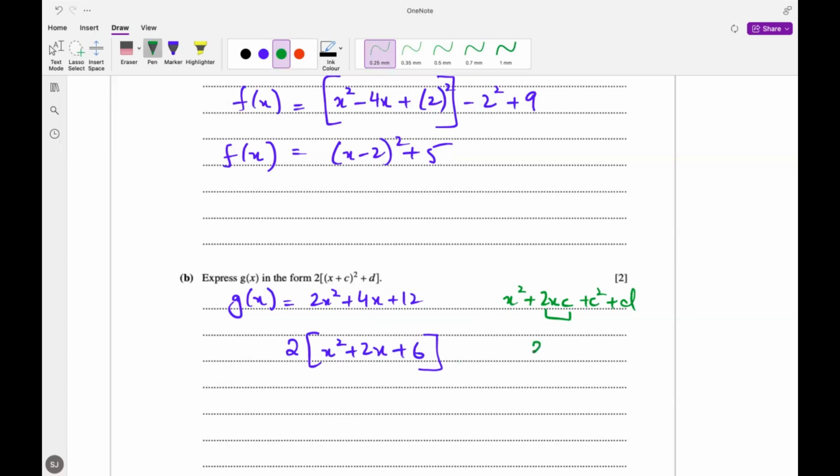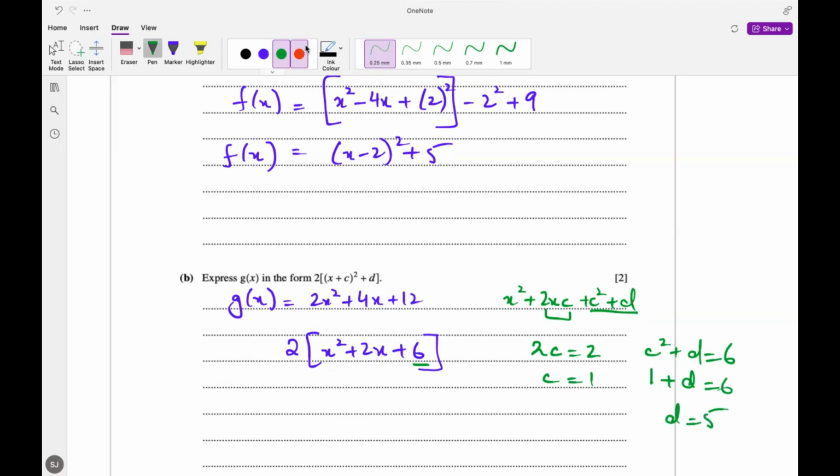So we can say that 2c equals 2 and c equals 1. The constant, which is c squared plus d, over here will be equal to plus 6 up here. So this will be equal to plus 6. Now as c is 1, this will become 1 squared plus d equals 6, and d will be equal to 5.